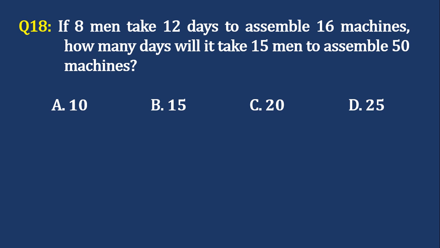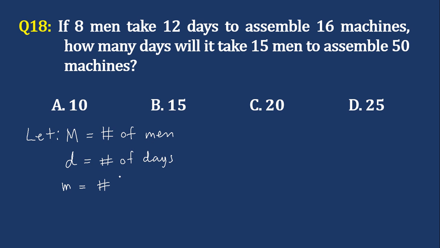But first, let us represent the variables. Let capital M be equal to the number of men. We also let small d be the number of days and small m be the number of machines assembled.